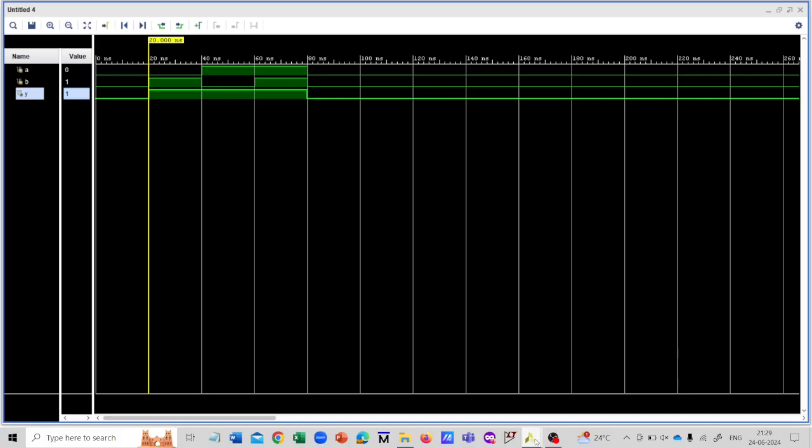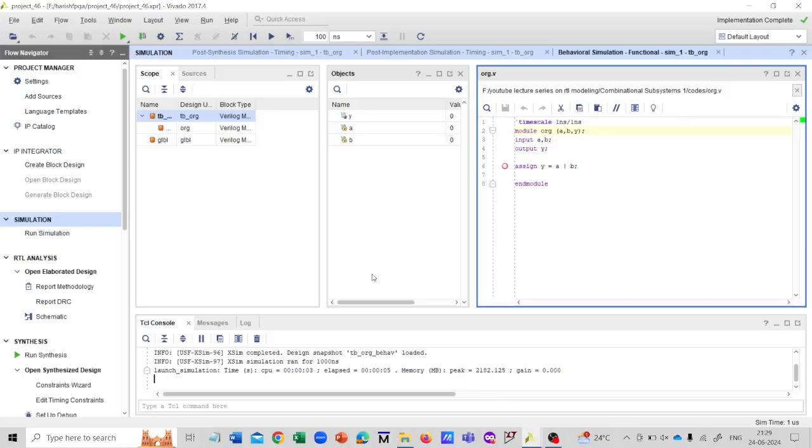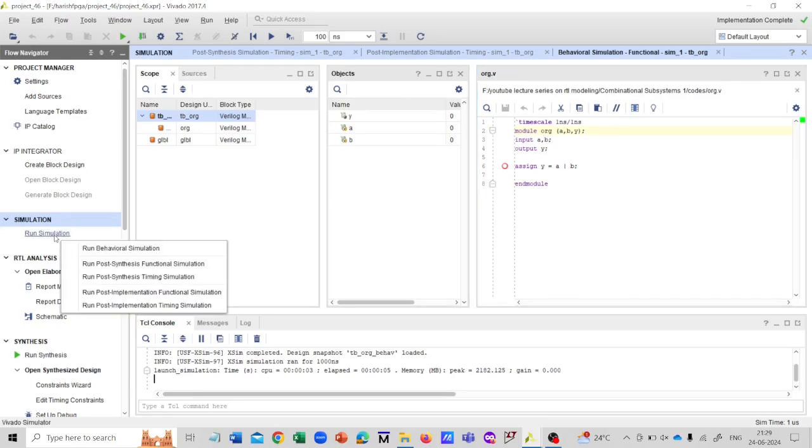Okay. Now let us see what happens when this code is synthesized into a target platform, in this case an FPGA. So we'll again revisit the simulation box. Let us now try to perform post synthesis timing simulation.